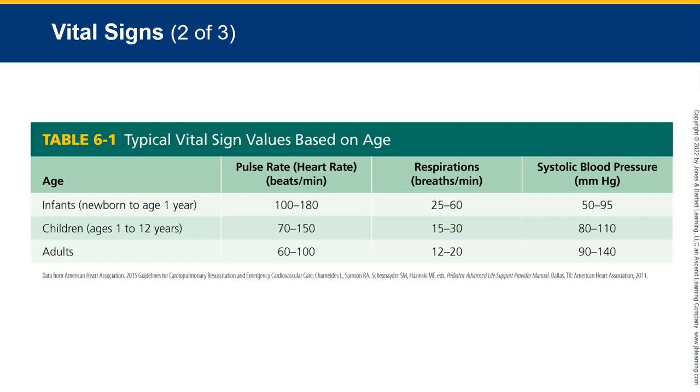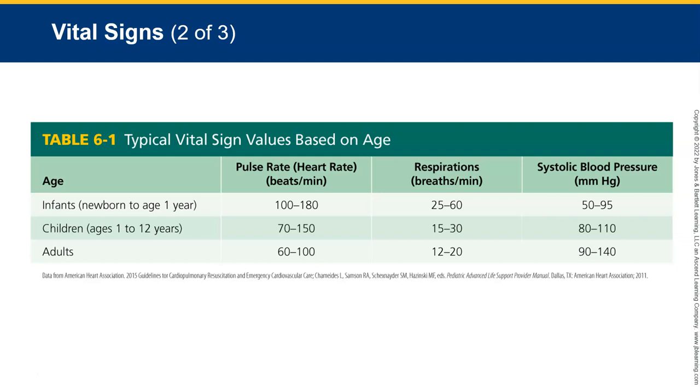Hopefully you see pulse rate, or heart rate, for infants is 100 to 180. In adults, we'd go, whoa, their heart rate's a little bit fast, but that's normal for infants. They're not pumping nearly as much blood with each pulse pressure, so they need to do it many more times to equal the same cardiac output.